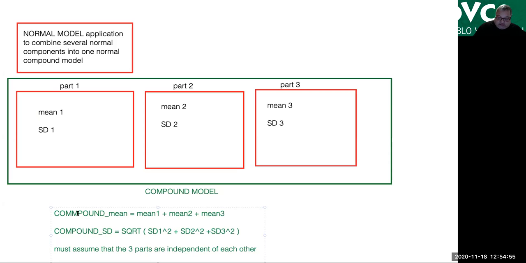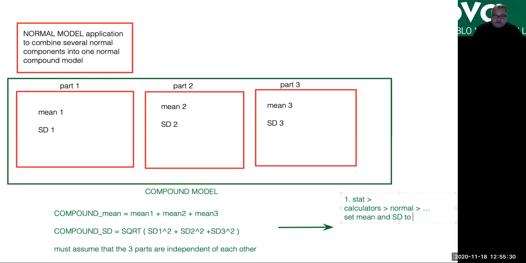And once you have the compound mean and the compound standard deviation, you then proceed to do exactly what we did in the binomial story of the earlier lesson. Step one is you open StatCrunch. So you go to Stat, Calculators, Normal. And when it opens the normal calculator, you set the mean and standard deviation to the compound computations.